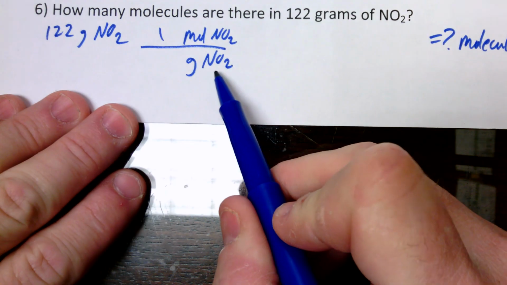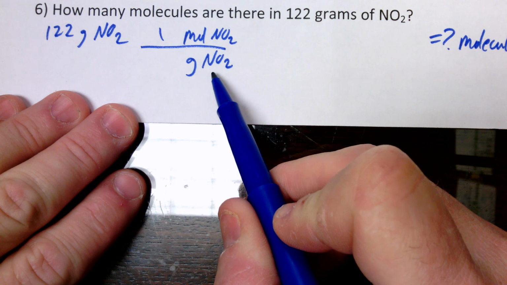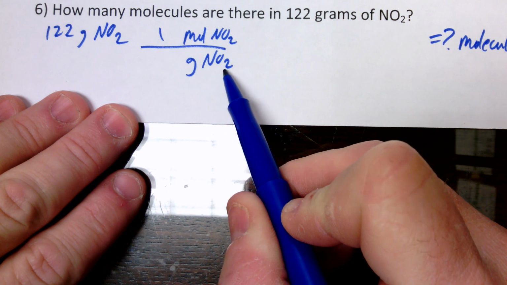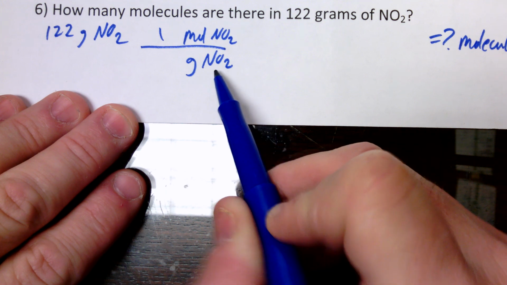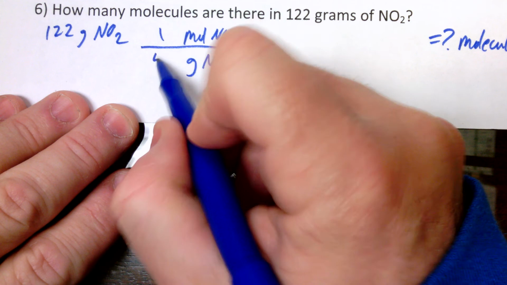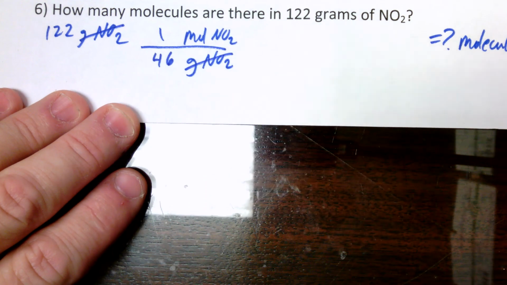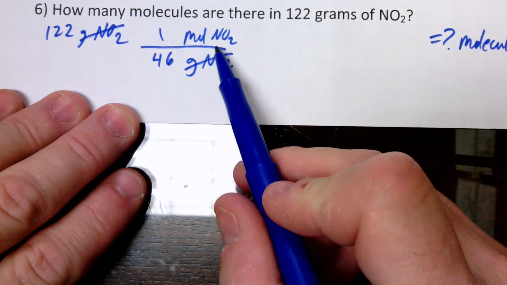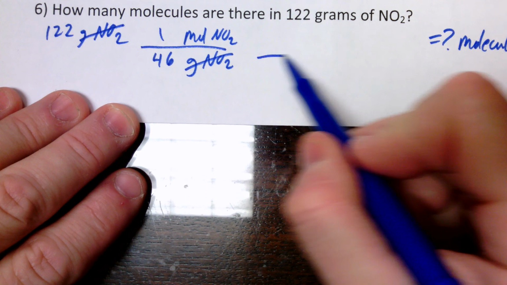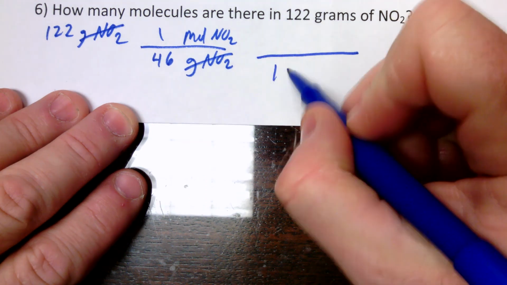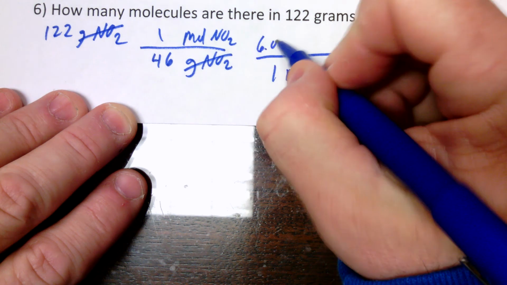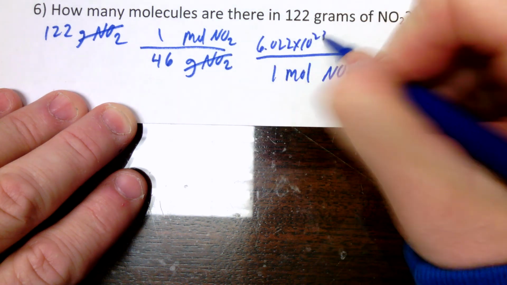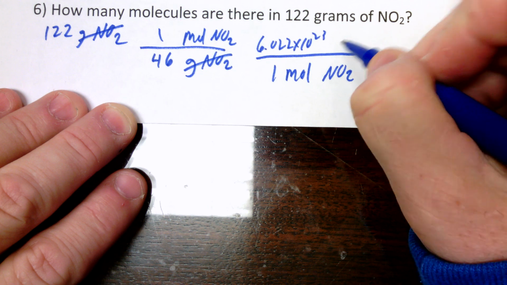I know that one nitrogen is 14, each oxygen is 16, so that would be 32 plus 14, 46 grams. Now that only gives me moles. I want to find out how many little pieces there are, how many molecules. So I have to use the relationship that 1 mole of anything is that many pieces of that thing.